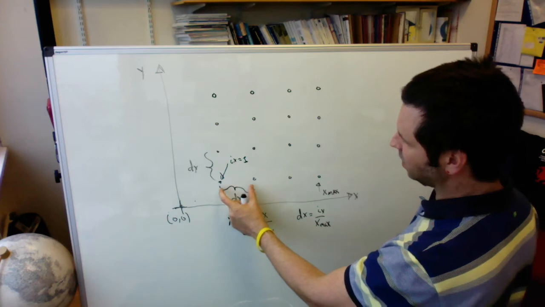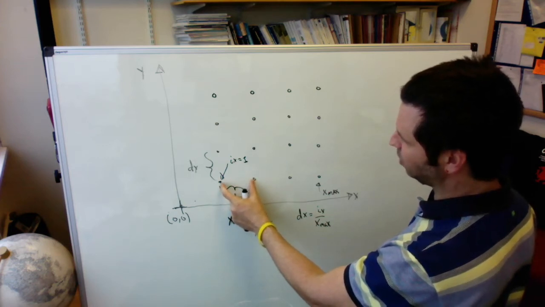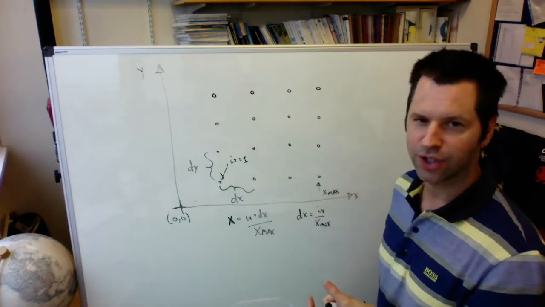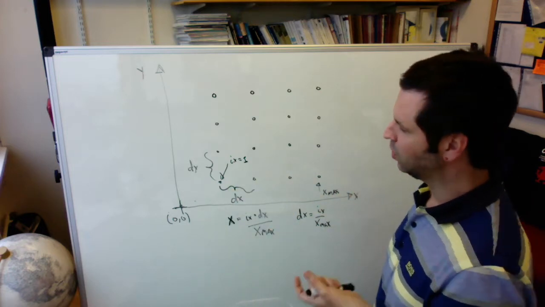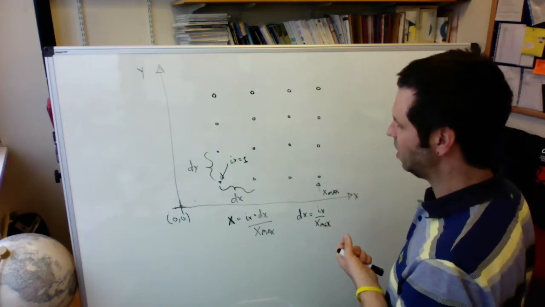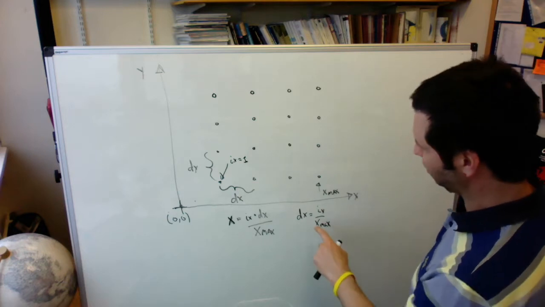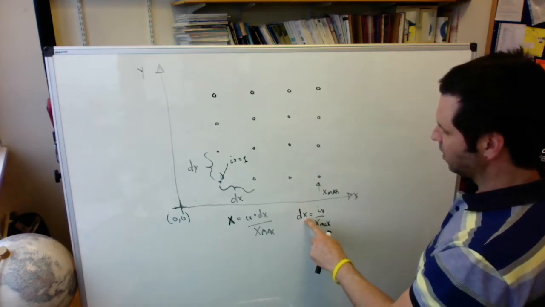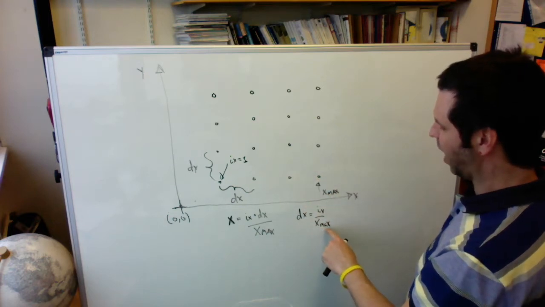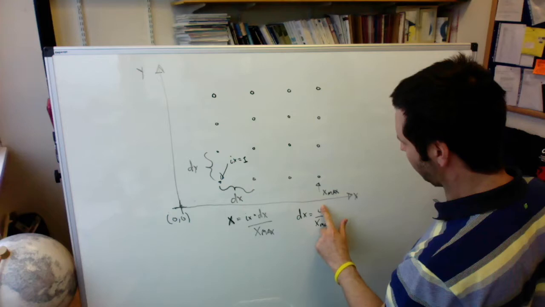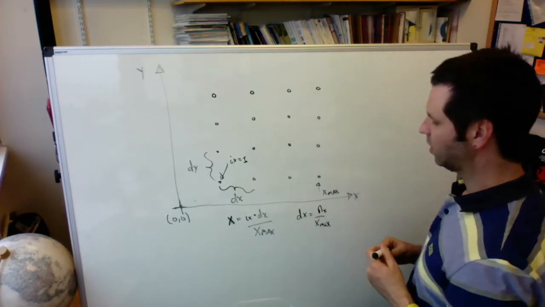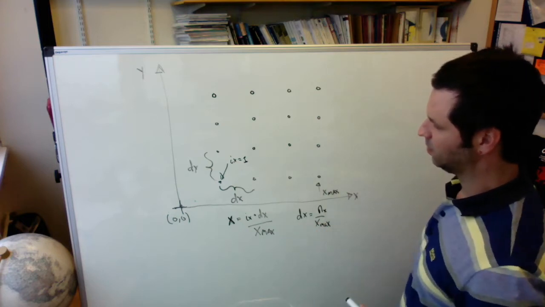Now what is dx? dx is just the unit distance between all the samples along the x direction, which is usually 1. Conceptually, it's just 1 unit distance. But if I want to explicitly find out what dx is, I just take the number of samples along x and divide it by x max. And that gives you your dx, right?